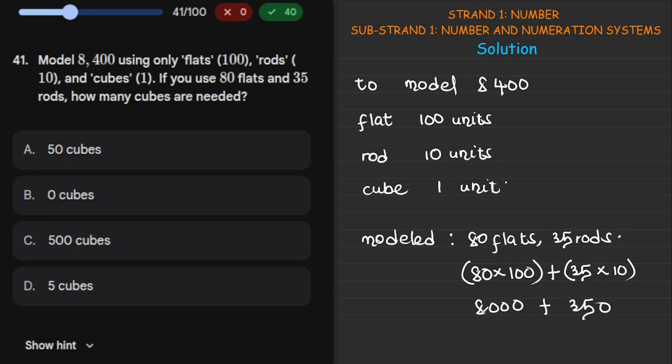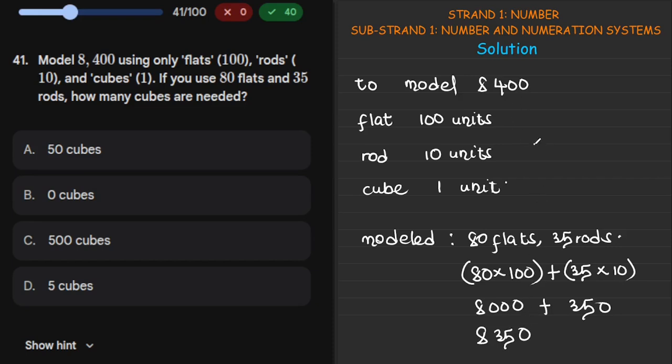If we add 8,000 to 350, you have 8,350. But take note, it is 8,400 we actually wanted to model, and not 8,350.